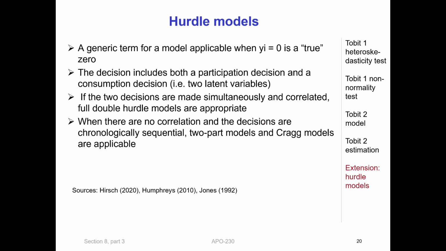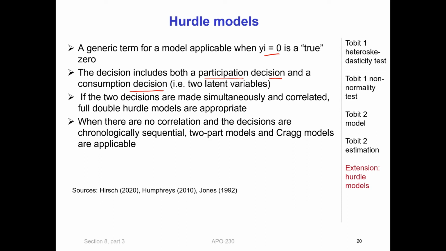First of all, it's applicable when y_i equals zero is a true zero, so the corner solution here. However, it's different from the Tobit 1 model in that it has a participation decision and a consumption decision, so two decisions, two processes, meaning we have two latent variables. In this sense, it's pretty similar to the Tobit 2 model. And why they are different, I will come back to later.